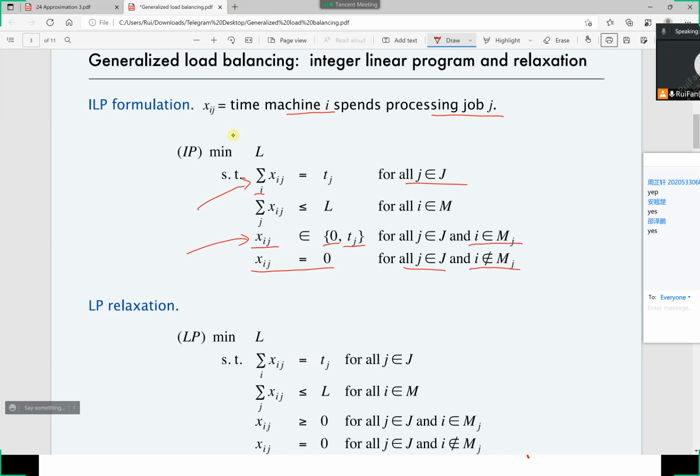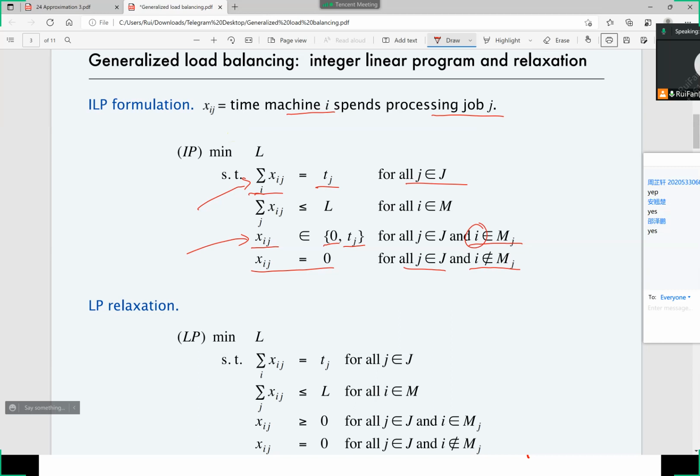The sum has to be this Tj over here. Because these Xij values are either 0 or Tj, if you require the sum to add up to Tj, then there must be some machine i in the set Mj which actually processes job j. And so that means that every job gets accomplished by the end.